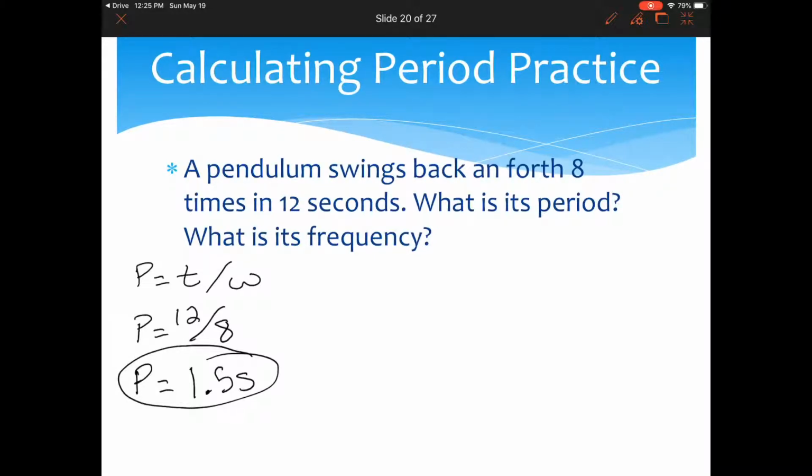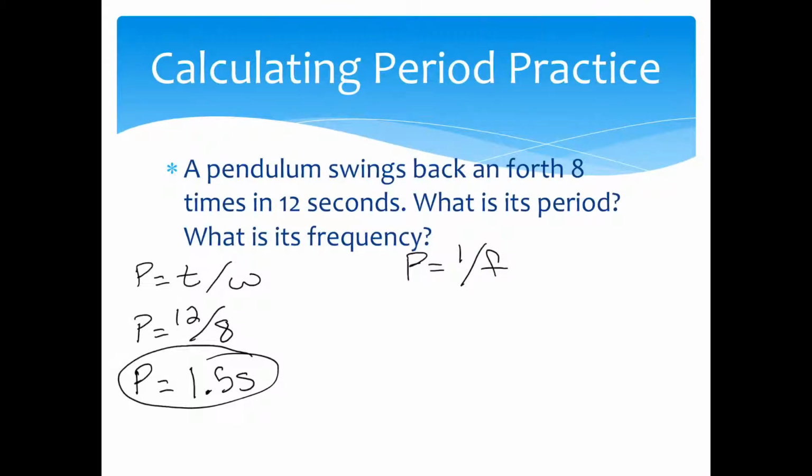All right, so now we've answered half of the problem. Now we need to figure out what the frequency is. So now we're going to use period equals 1 over frequency. To calculate the frequency, we are going to use the period from the previous equation. So we have 1.5 equals 1 over frequency.